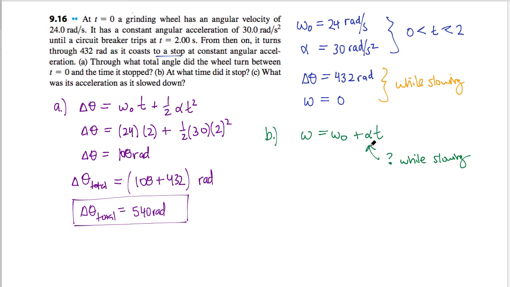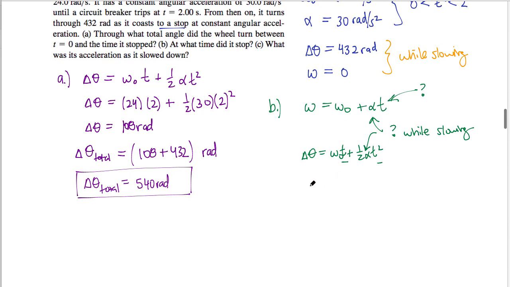So we know everything except for alpha while it's slowing, and we don't know time either. So this equation is not enough by itself. We also have delta theta equals omega naught t plus 1/2 alpha t squared. So this is the same problem. We don't know alpha while it's slowing, and we don't know time still. So this equation is not enough by itself.